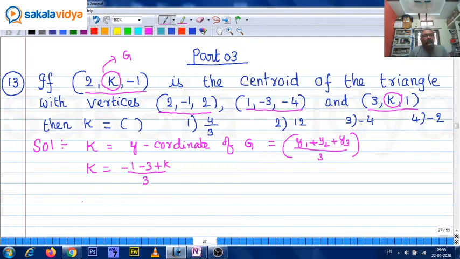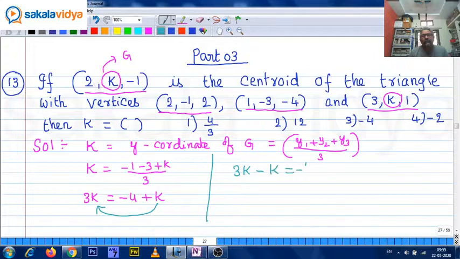Just cross multiply: 3k equals minus 4 plus k. Now bring this k this side: 3k minus k equals minus 4, 2k equals minus 4. What is the k value? Minus 2. So the fourth option is the right option. Absolutely correct. Everybody is correct.